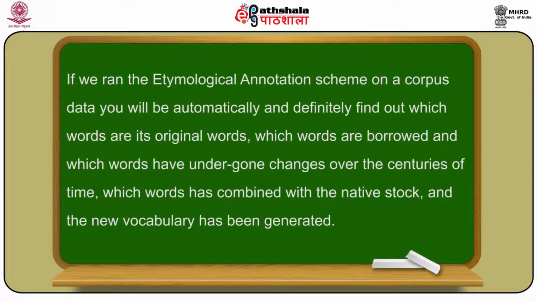In my argument, if we run the etymological annotation scheme on corpus data, you will definitely find out which words are its original words, which words are borrowed, which words have undergone changes over centuries, over time, which have combined with the native stocks, and how new vocabulary has been generated.